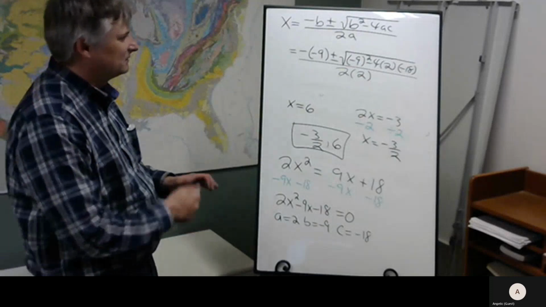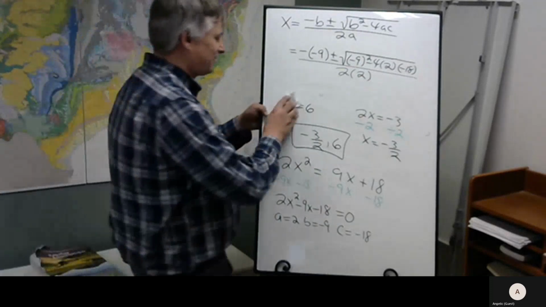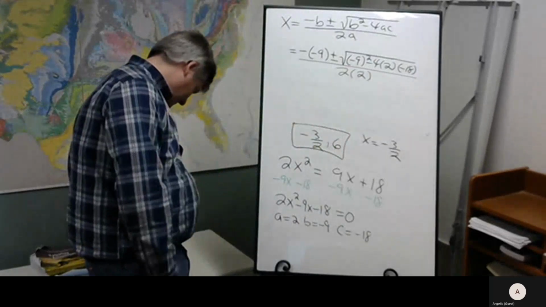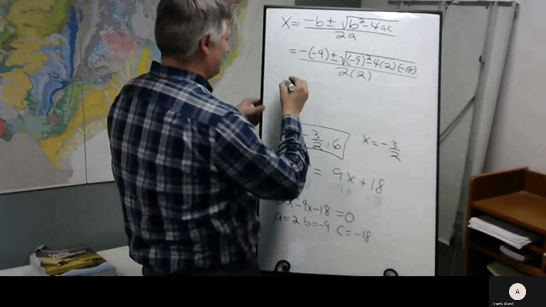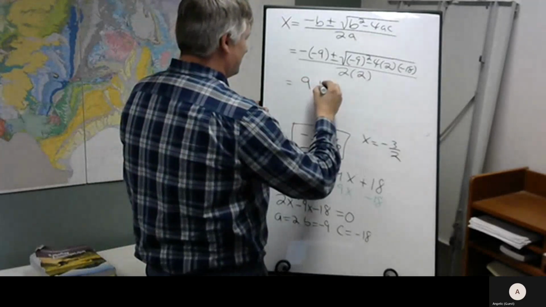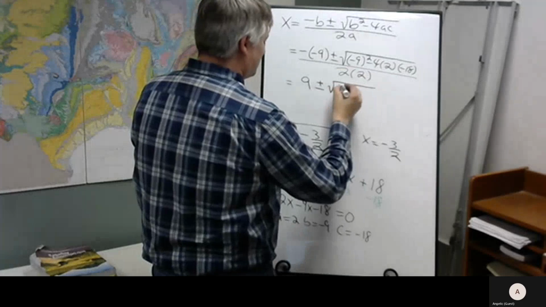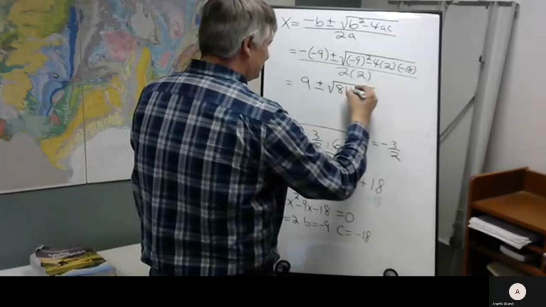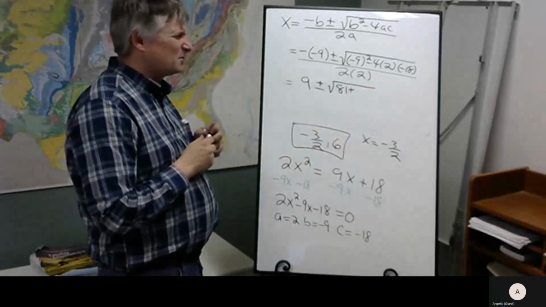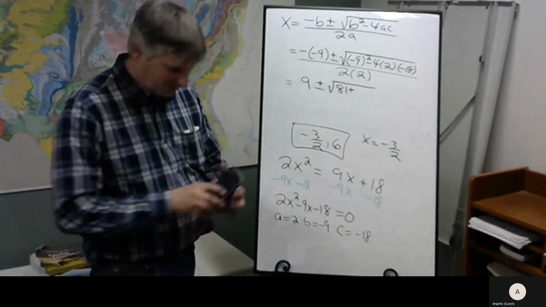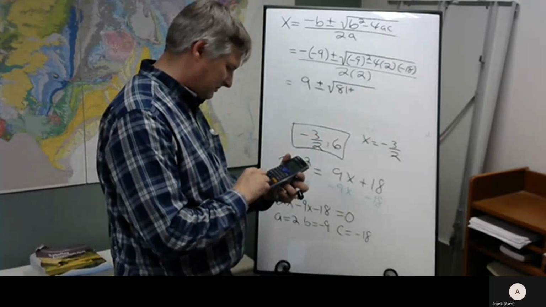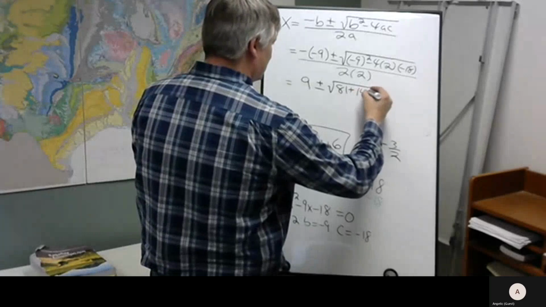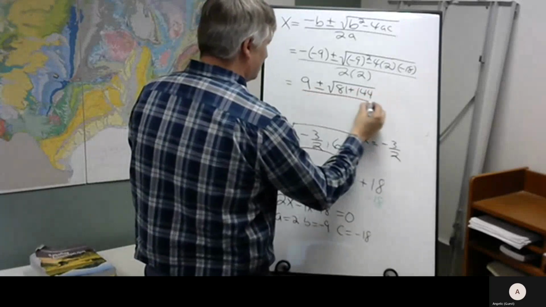All right. So simplifying this, it's 9 plus or minus the square root of 81, negative and negative, that's going to be plus. Let's see, 4 times 2 times 18. It's going to be 144 over 4.